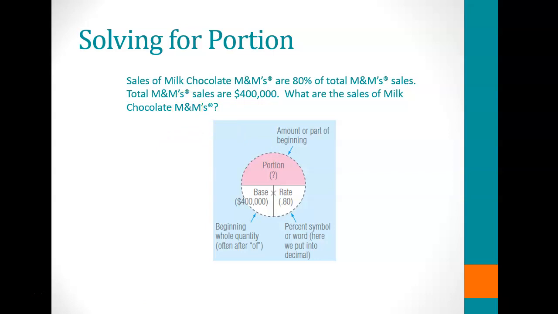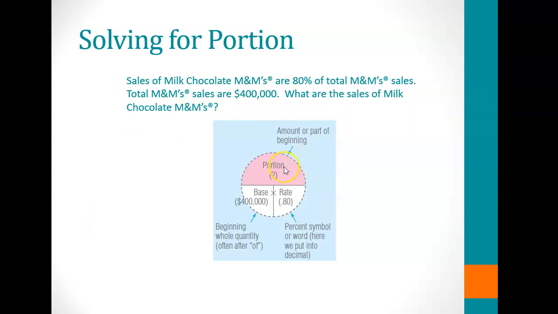Sales of milk chocolate M&Ms are 80% of total M&M sales. So again, sales of milk chocolate M&Ms represent 80% of total M&M sales. Total M&M sales are $400,000. The question is, what are the sales of milk chocolate M&Ms?